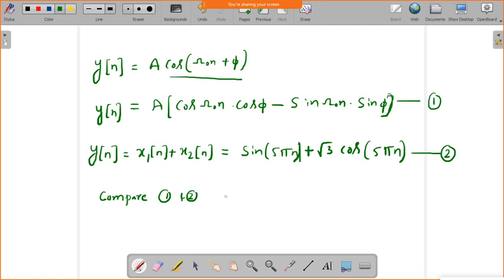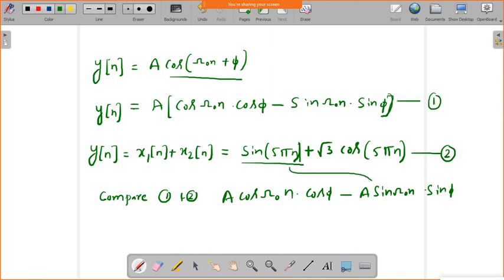So you will get A into cos omega naught n into cos phi minus A into sin omega naught n into sin phi. Is it not? So now if you compare this, there is a term here which can be compared with a term there.